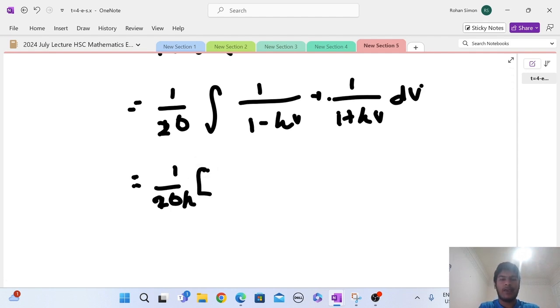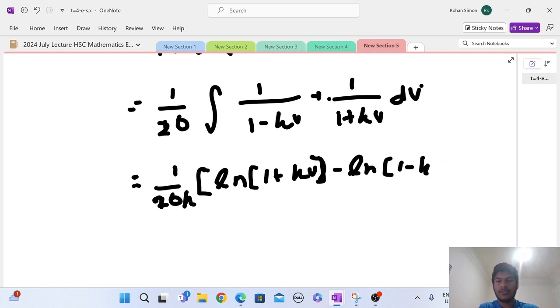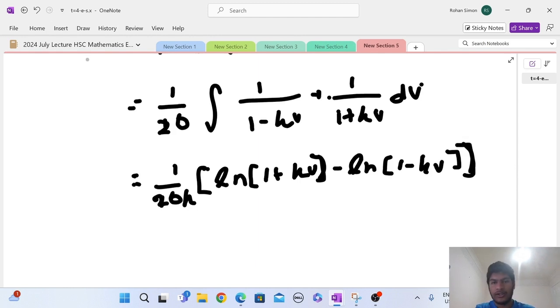And we can pull out the k when we integrate them, so we get ln(1 minus kv) minus, (1 plus kv) ln(1 minus kv), just by using integrals, and then we just reshuffled them, so we put the positive at the front, negative at the bottom, negative on the other side.